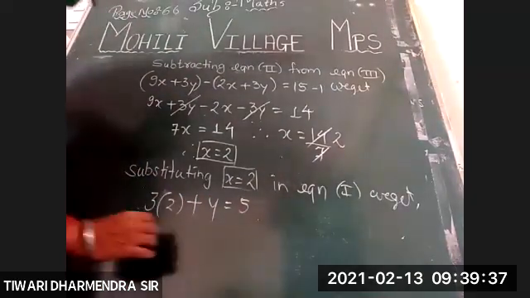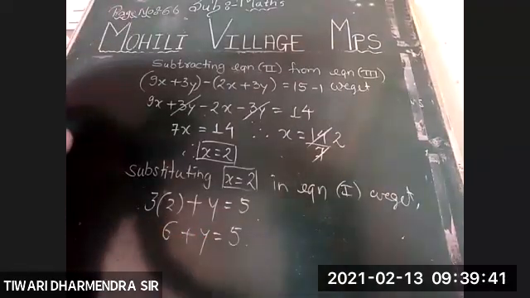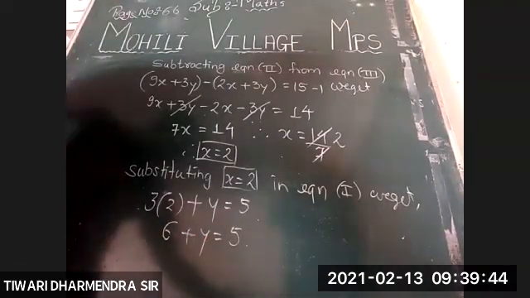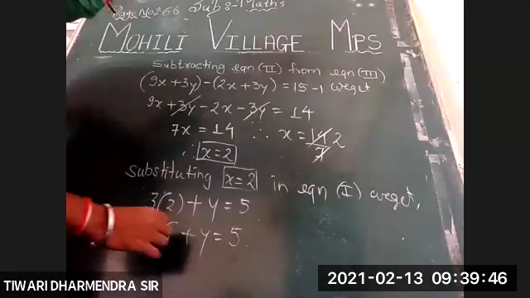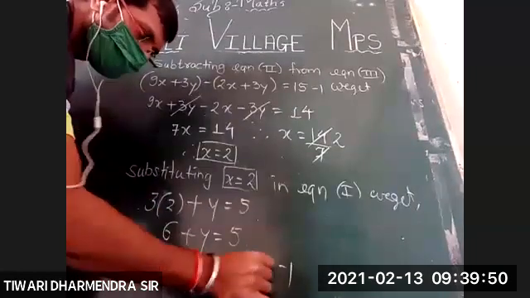So 3 into 2 is 6. 6 plus y equal to 5 means the value of y is 5 minus 6, which is minus 1.